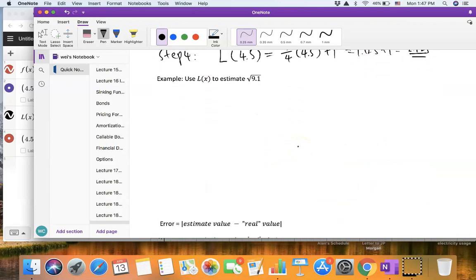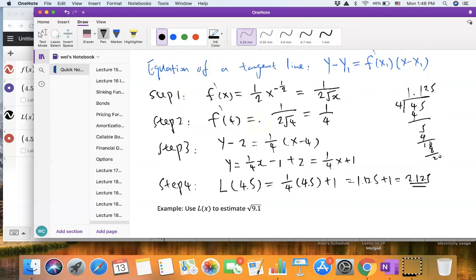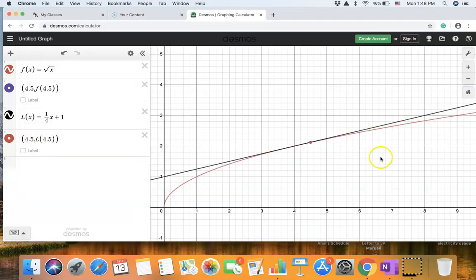Okay, now let's take a look at another example. Here we want to use the straight line L(x) to estimate the square root of 9.1. Now this time we don't want to use the same equation. Why?